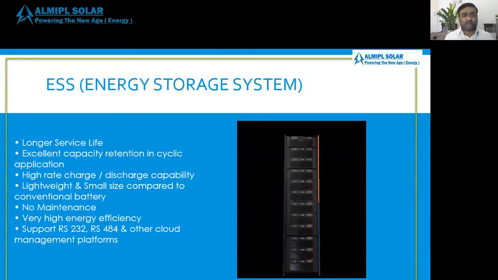Energy storage system: longer service life, excellent capacity retention in cycle applications, high rate charge discharge capacity. Light weight and small size compared to conventional batteries, no maintenance required, very high energy efficiency, with cloud management platform support.